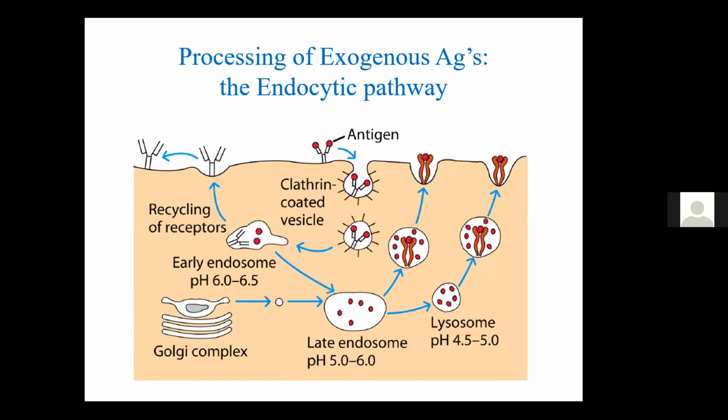Now, the cycle, we have said it's endocytic because, as you can see, you get an antigen and it is engulfed. This is a classical example of the B cell, because B cells have B cell receptors, which are immunoglobulins, and they just bind an antigen, or sometimes cause a phagocytotic process.